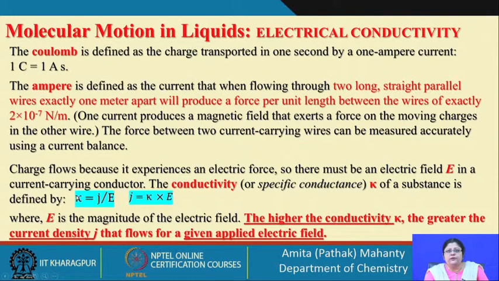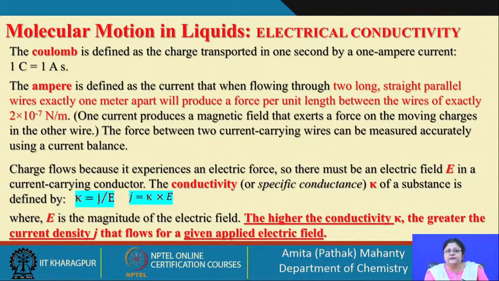So, you can make out this is directly proportional to the current density and inversely proportional to the applied electric field. So, we have higher conductivity in a particular medium of charge, or in this solution, if you have a higher charge density that flows for a given electrical field.